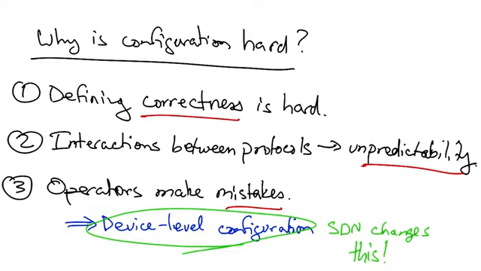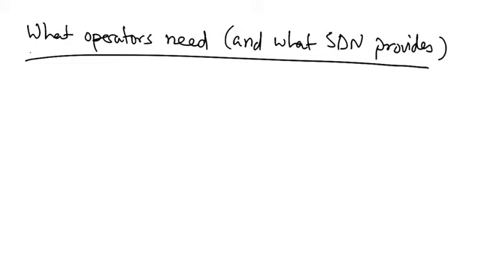We'll see in the first part of this course how software-defined networking, or SDN, changes this by centralizing the network's configuration in a logically centralized controller. At a very high level, software-defined networking provides exactly the primitives that operators need to run the network better.